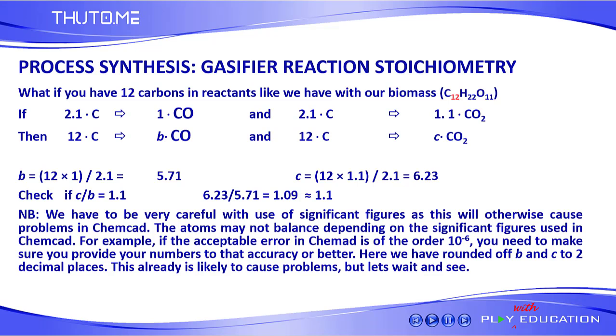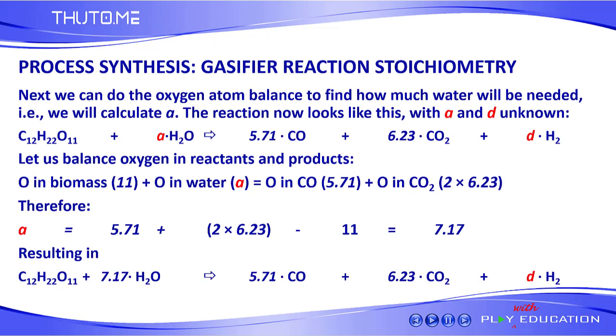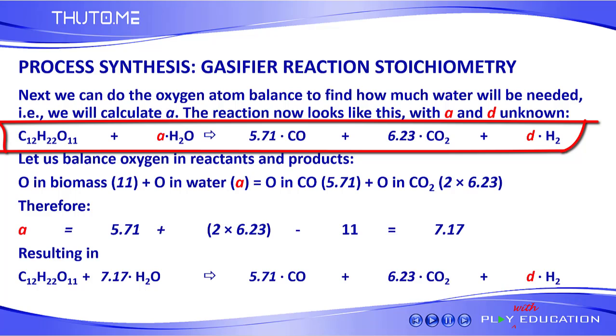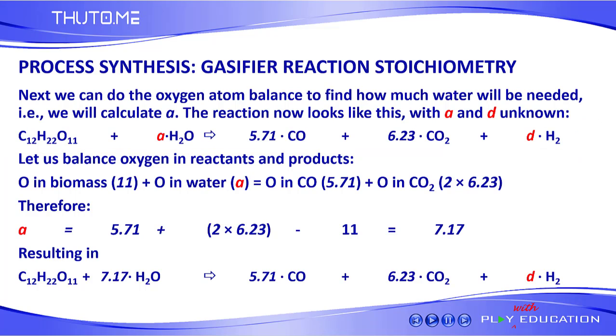The next step we need to do is the oxygen atom balance to find out how much water will be needed. That is, we will have to calculate A. The reaction now looks like this, with A and D being the only unknowns. Let us balance oxygen in reactants and products. We know oxygen in biomass is equal to 11 oxygen atoms.